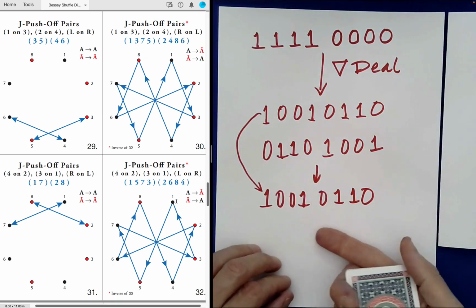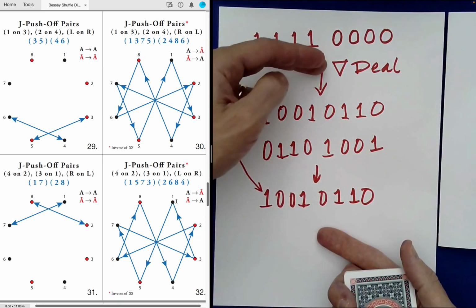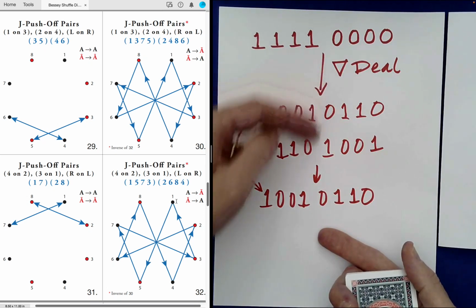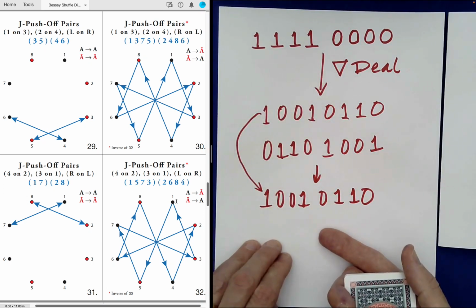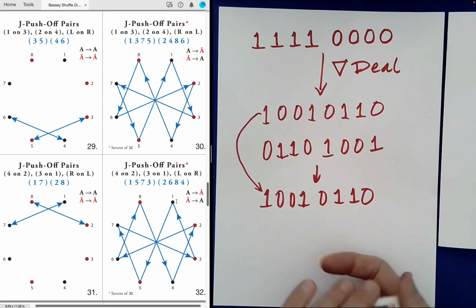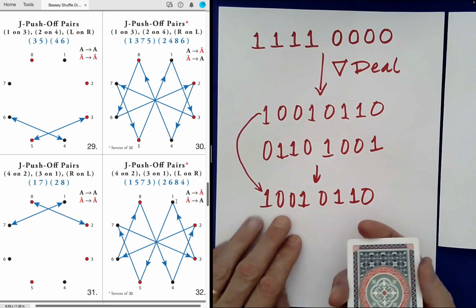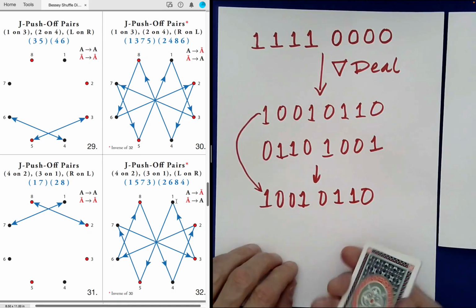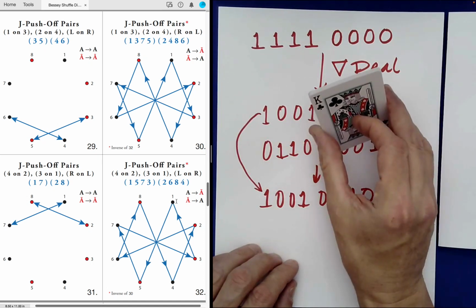But if you want to go a little deeper, knowing whether the packet is inverted from where it started is important. Now, I do want to point out, however, that you can always peek the bottom card.